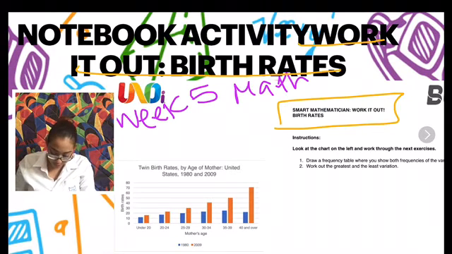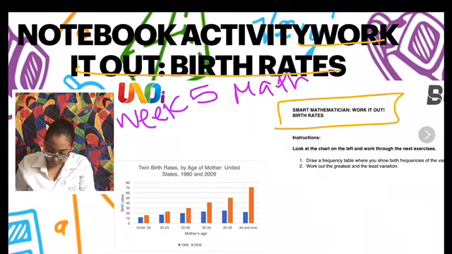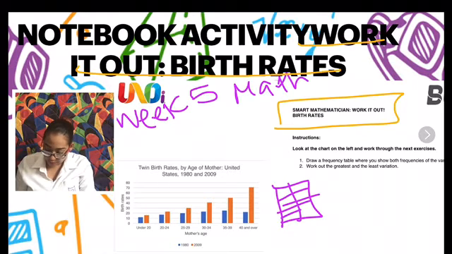So you have to draw a frequency table. Imagine this is my frequency table, I'm drawing it here. Then number 2 refers to the greatest to the least variation.